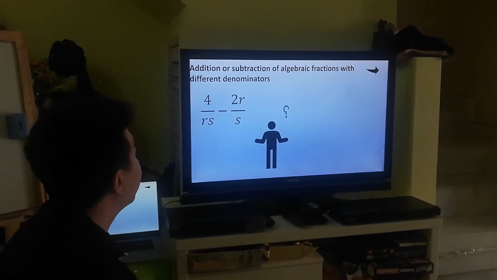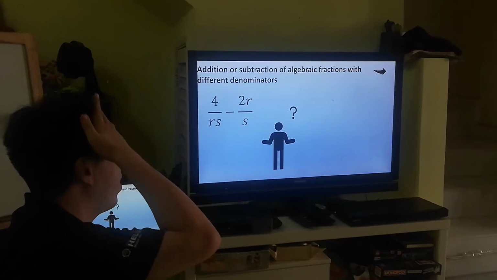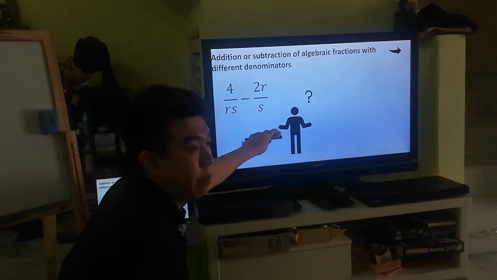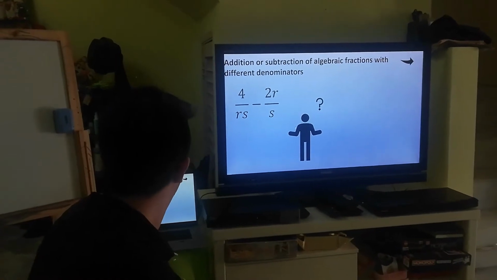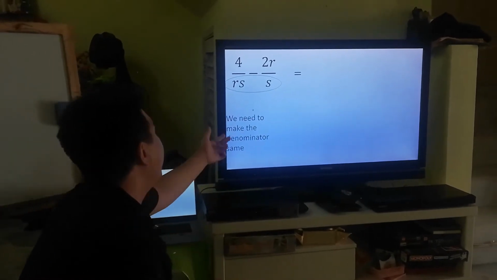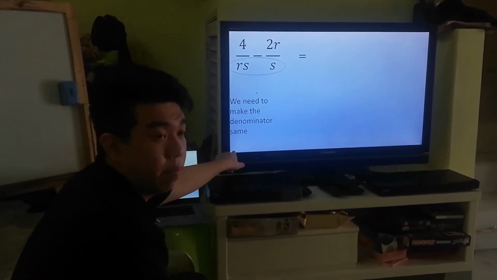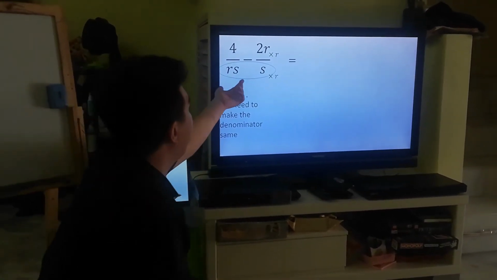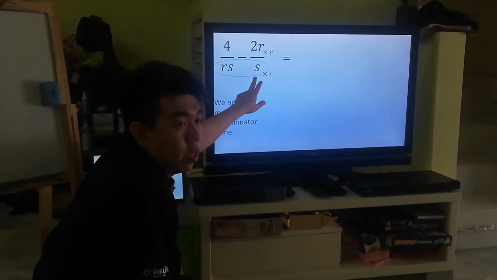So now, next is the addition or subtraction of algebraic fractions with different denominators. Means the denominator is not the same. So first we need to make the denominator the same. So we times r, because here got r, but here don't have r. So we make it the same.